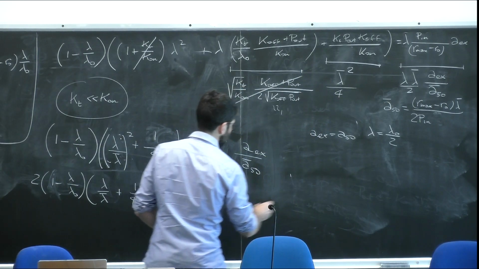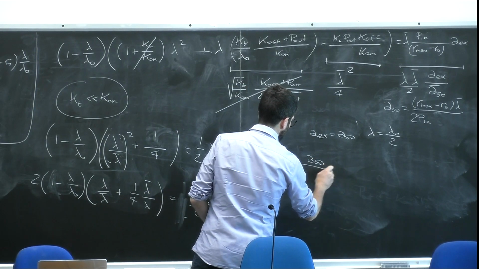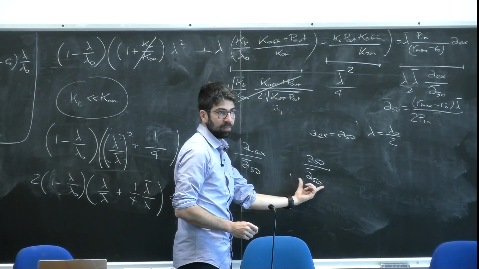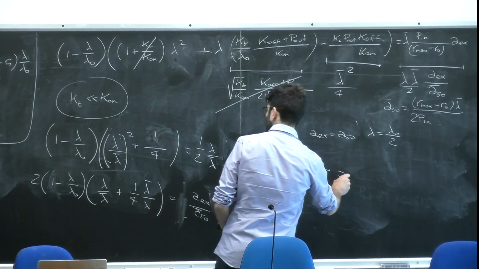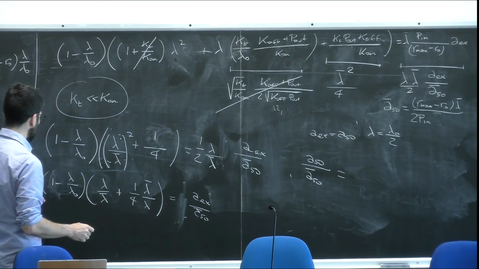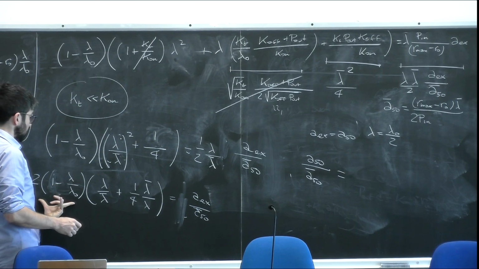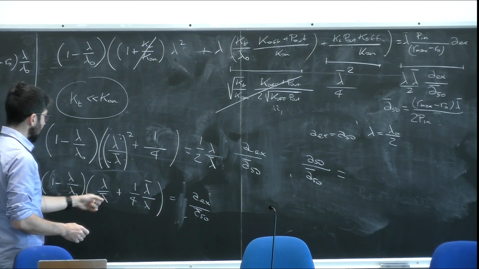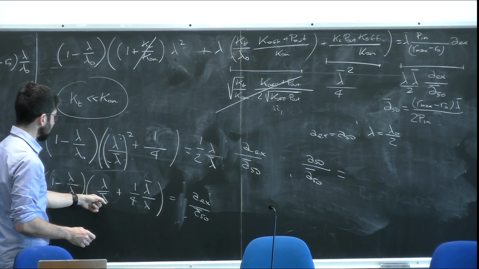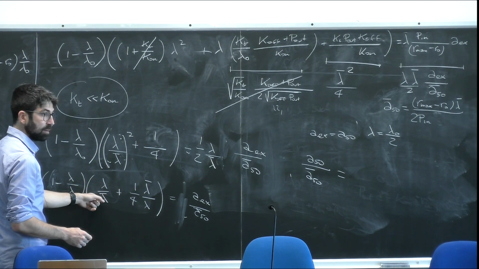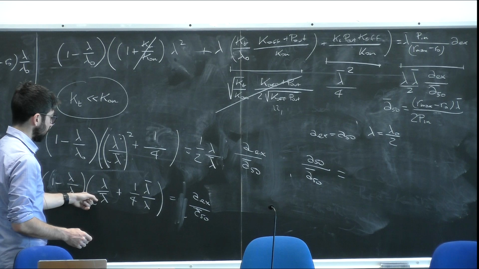A50 over A bar 50, which sets a scale, okay? It's equal to what? So here I have a 2. Now lambda is equal to lambda naught over 2, so this is equal to 1. And here I get lambda naught over lambda bar with a 2.